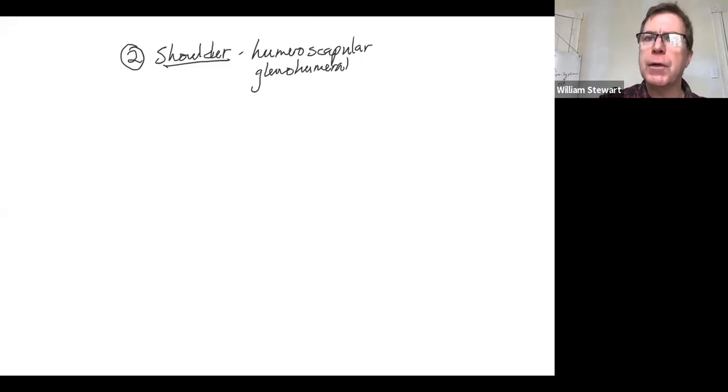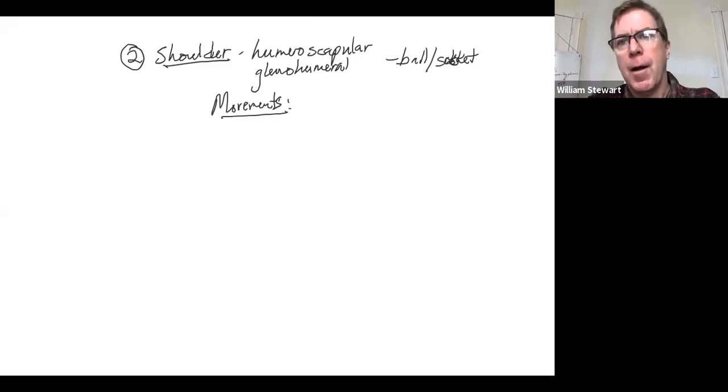The movements, we know that it's a ball and socket. It's multi-axial or triaxial. Sorry about the writing. Ball and socket, triaxial or multi-axial, and the specific movements that can be performed at the shoulder joint are many.